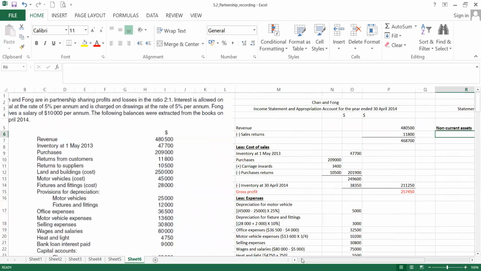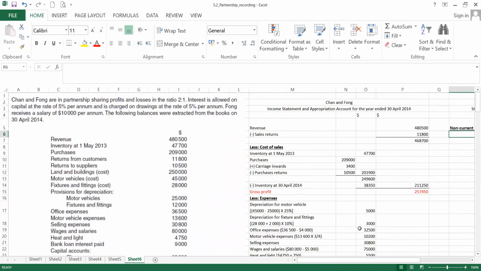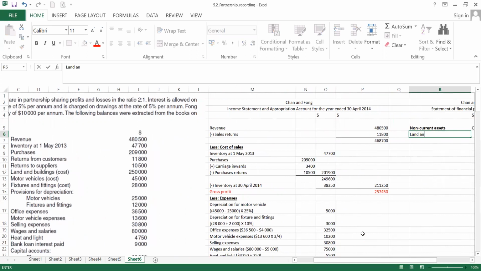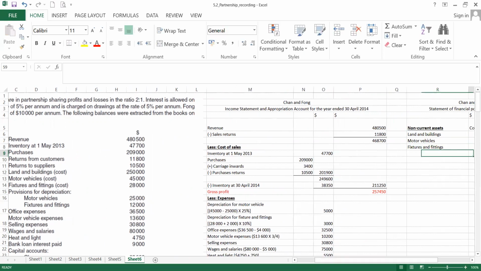Which are our non-current assets? The ones for which we prepare depreciation. Here we have land and building, then motor vehicle, and then furniture and fittings.